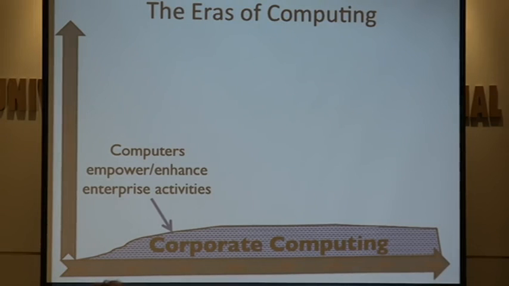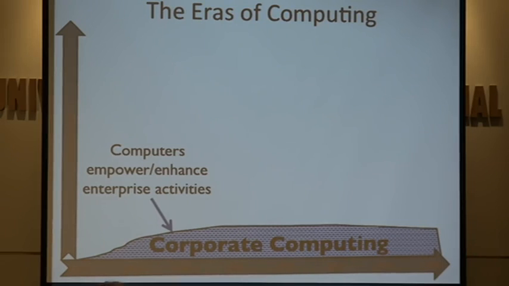And so computers were used to empower and enhance activities that those organizations did, whether it was tracking resources for manufacturing or sending out bills to customers or keeping inventory. But they were used to make large organizations more efficient. And that era spanned about 30 years.